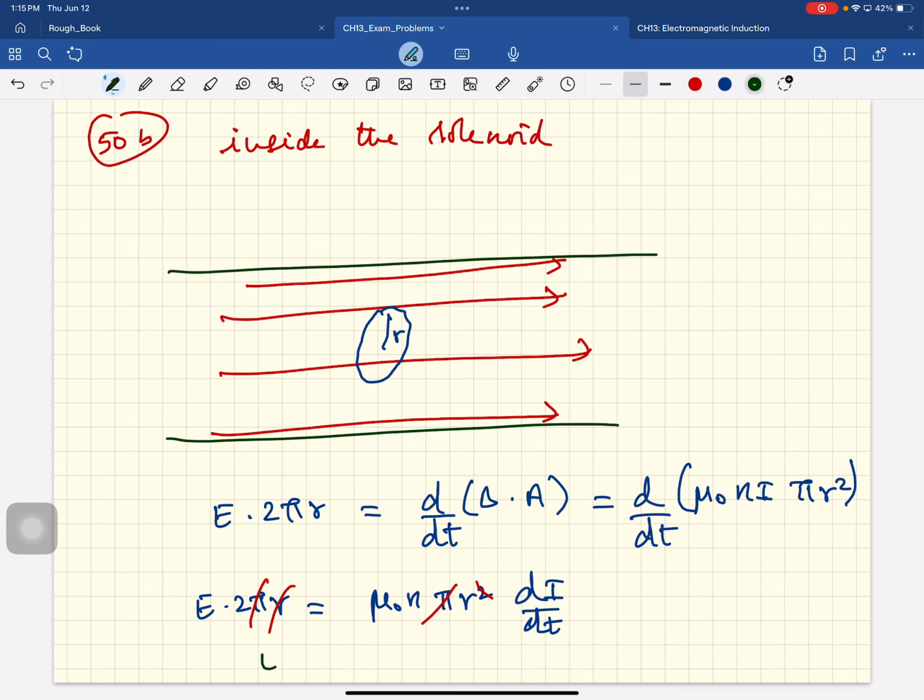So now E equals mu naught n r by 2 di by dt. So inside the solenoid, the electric field increases the further out you are, linearly with r. And you can plug in for I, but I won't do that.